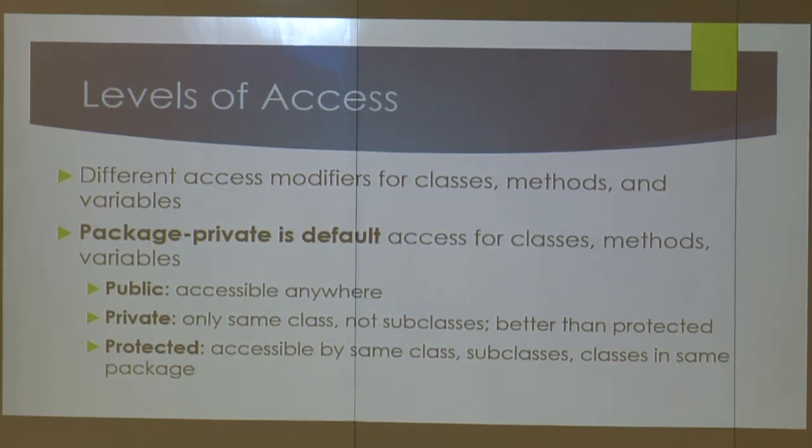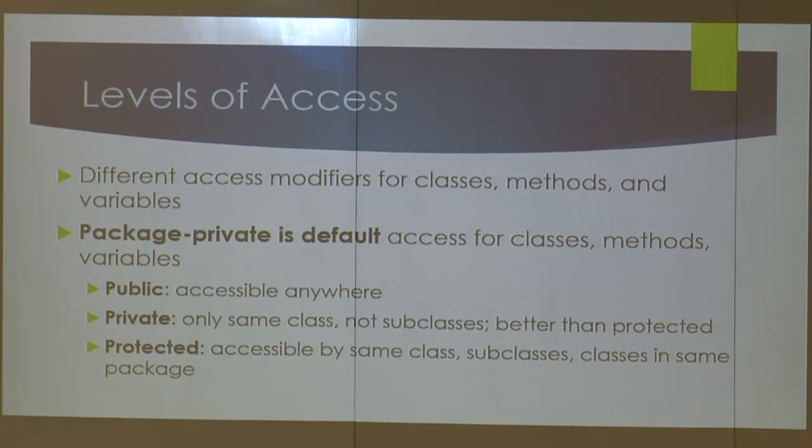Private means that only elements of the same class can see a variable or method. So not even elements of a subclass can see it. And then protected means that an element is accessible by the same class and subclasses and classes in the same package. So it's less restrictive than private, but it's more restrictive than public.